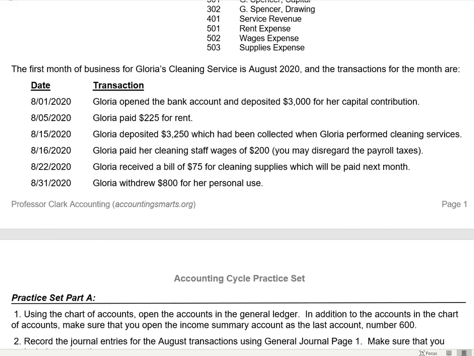She put money in that, so we're going to use the cash account. We're increasing the balance in that bank account, so that means we're going to debit it. Assets increase on the debit side. That money she put into the account was for her capital contribution, so we're going to use her capital account and we're going to increase that. Equity accounts increase on the credit side, so we will credit that account for $3,000.